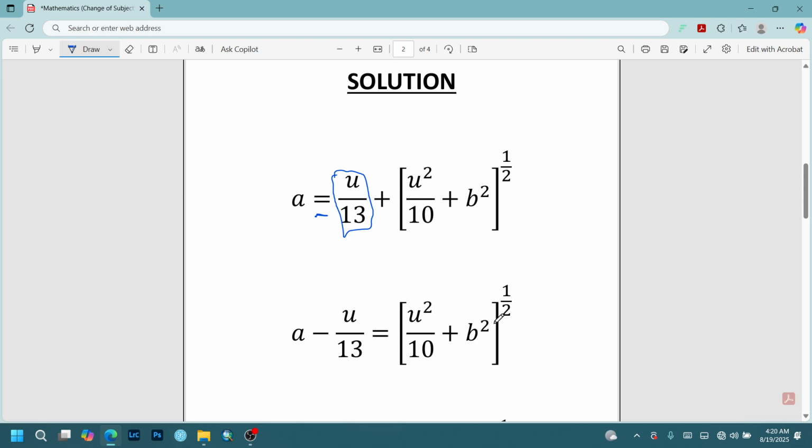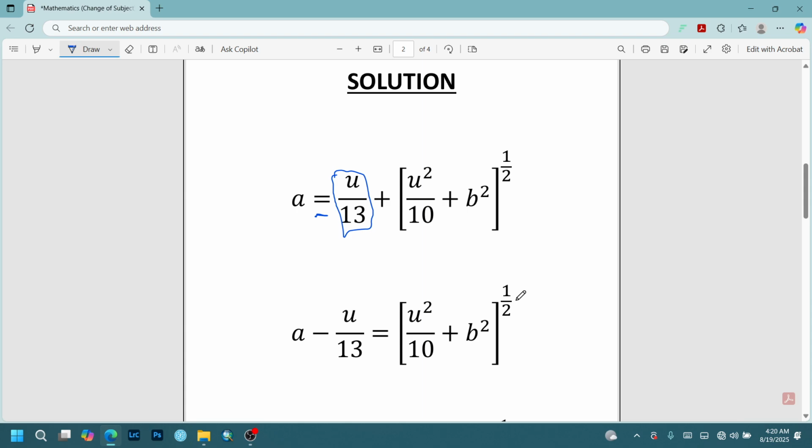This expression is raised to an exponent of 1 over 2, and in order to eliminate this exponent, we have to square it by 2.